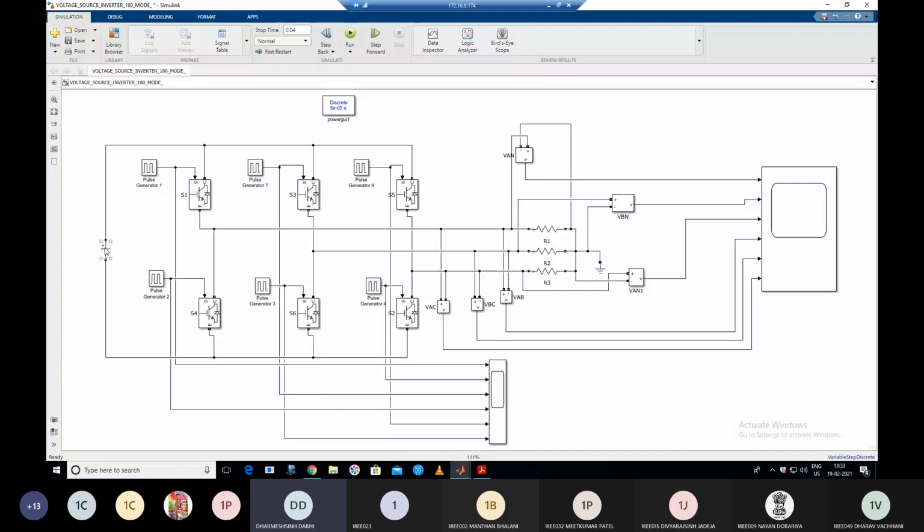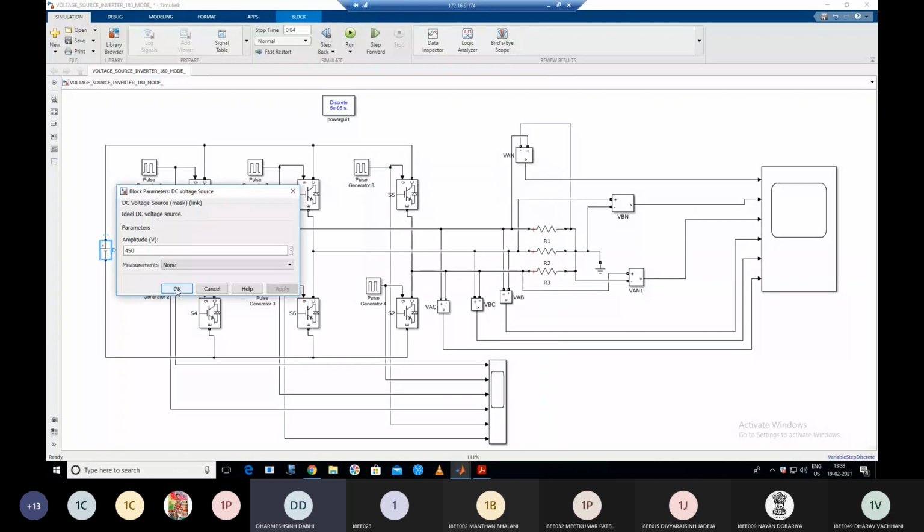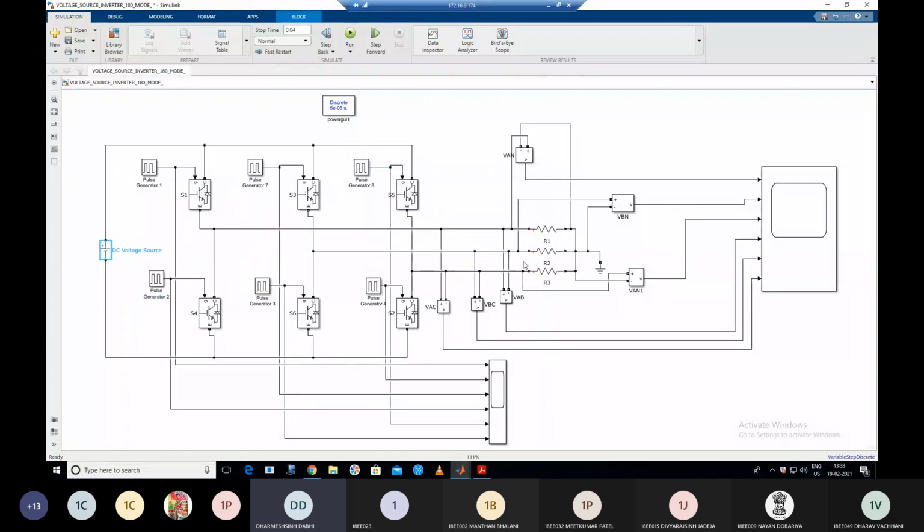Okay, now you can see what our supply voltage is. 450. Now here you can see that we measure 6 parameters, 3 line voltages and 3 phase voltages. This is your neutral point, the common point for all these 3 phase resistances. This voltmeter measures the A phase voltage, VAN.